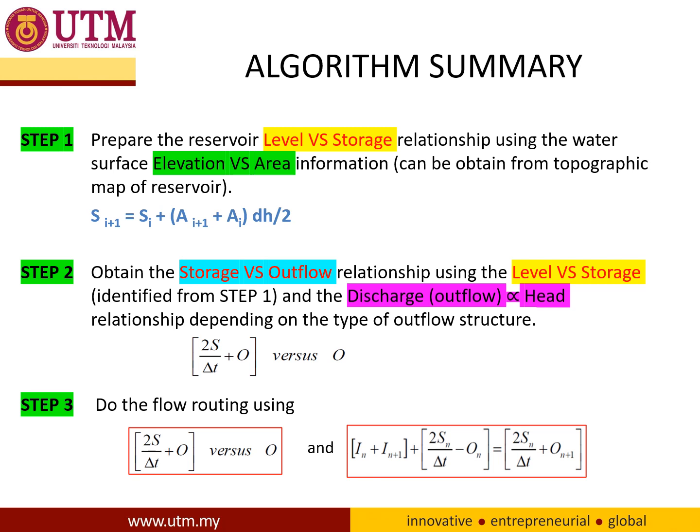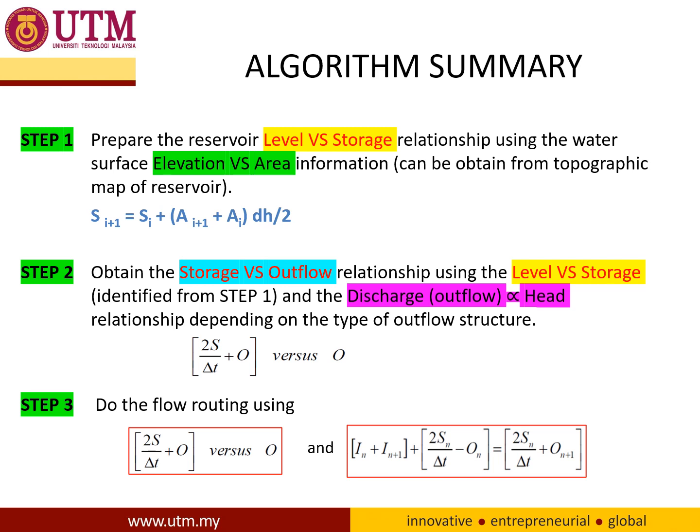Step 1, you need to prepare the reservoir level versus storage relationship using the water surface elevation versus area information. So what is this? The elevation versus area information can be obtained from the topographic map of the reservoir.